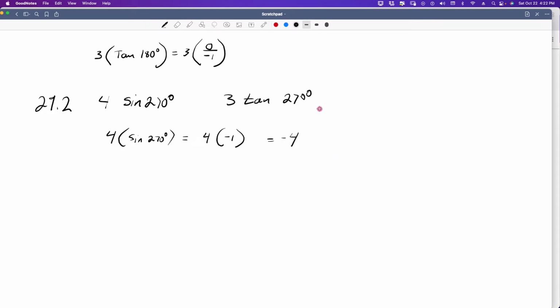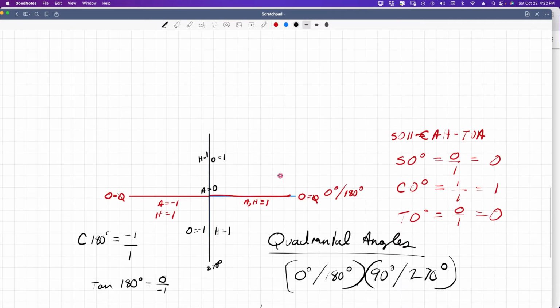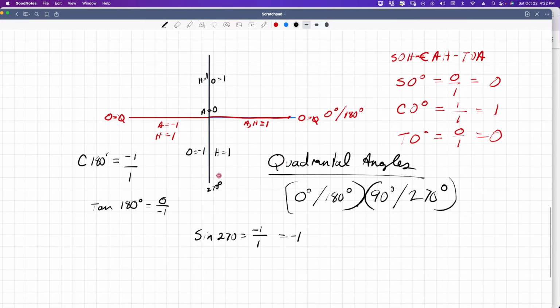So the tan of 270, that's the next one we have to figure out. So that was going to be 3 times the tan of 270 would equal 3 times something. So let's go look and see what the tan of 270 is. So the tan of 270, that's the opposite over the adjacent. Well, the adjacent is 0. The opposite is -1.